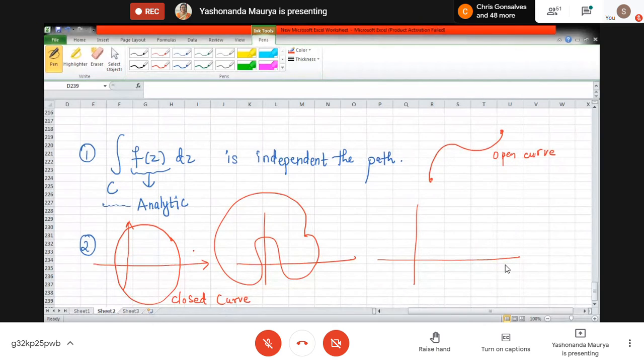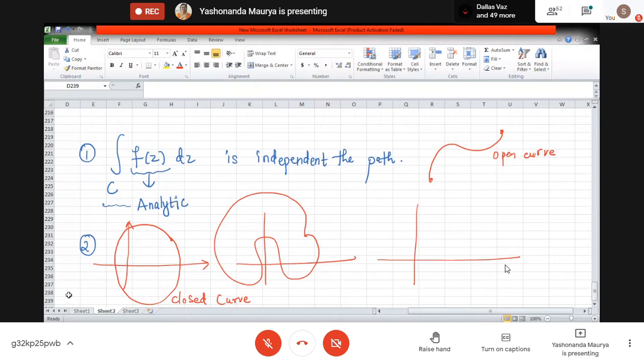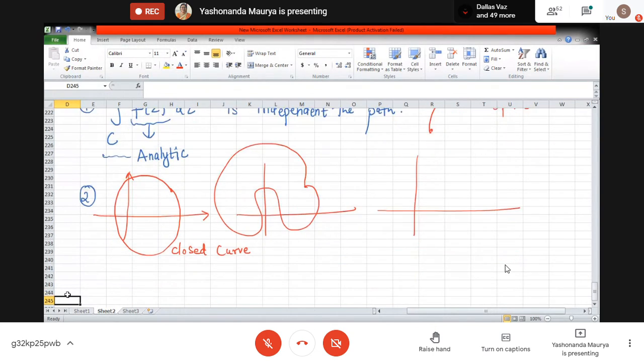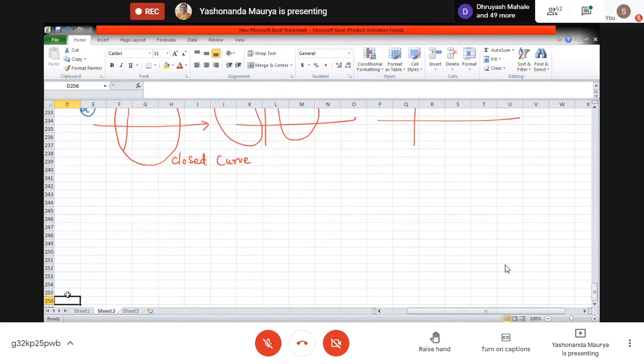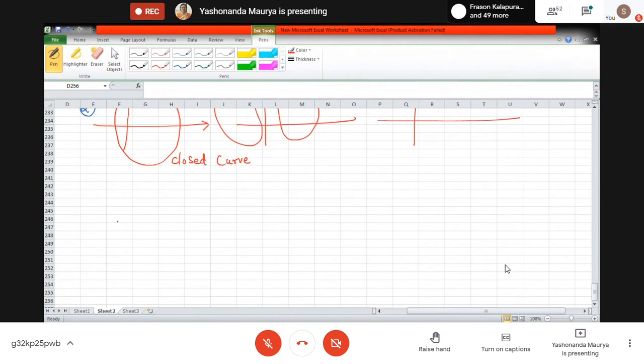ठीक है. अच्छा, after this we have some more things to study here. Some more category. Now check out. If I have a figure like this, if my curve is somewhat like this, let me erase this.